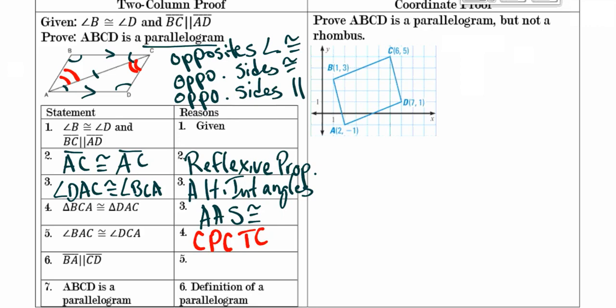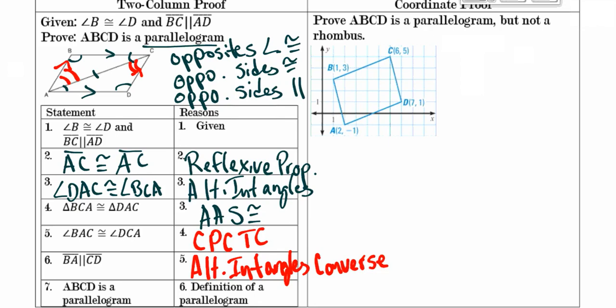If we know those two angles are congruent, then we can show that BA is parallel to CD by alternate interior angles again. That was going to be the converse because we're actually not showing that they're parallel. And now we've shown that we have two sets of parallel sides, so that has to be a parallelogram.